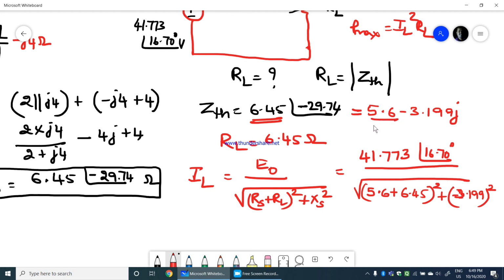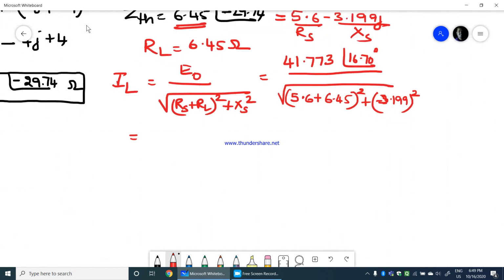So this is RS, this is XS, which is minus of this. Solve the denominator, what do you get? 5.6 plus 6.45 is 12.05.